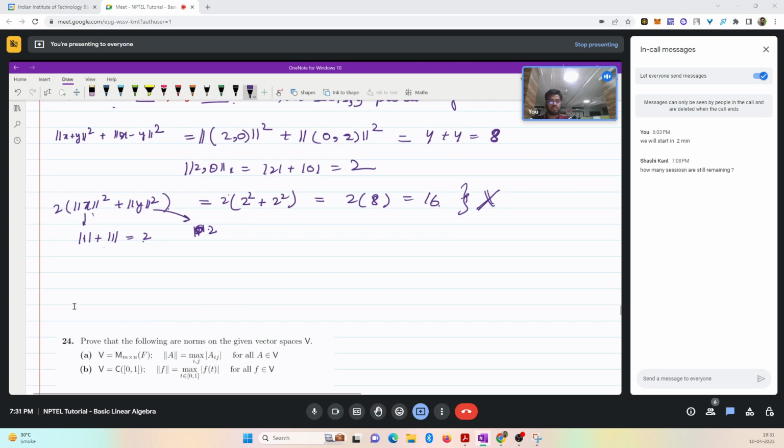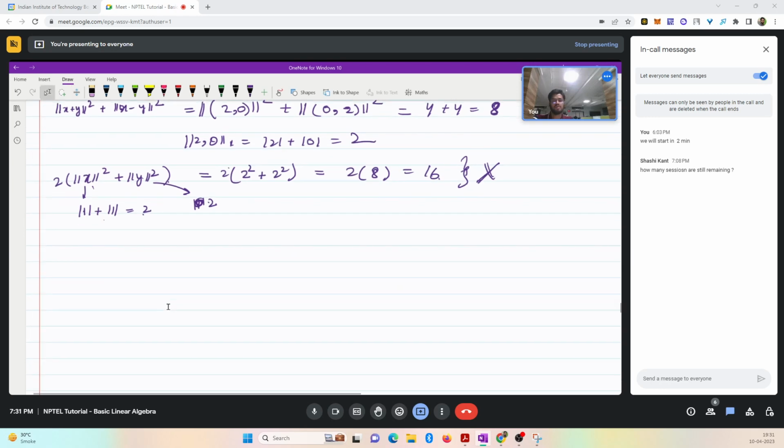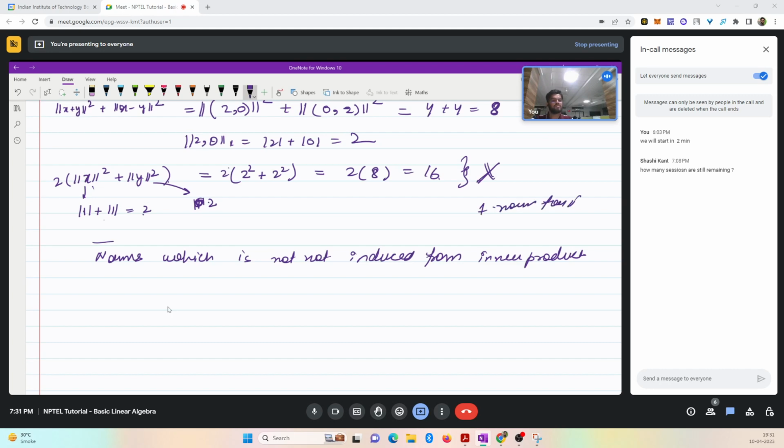So what I mean to say is that you can have norms which are not induced from inner product. An example that you know is 1 norm for Rn. Okay.